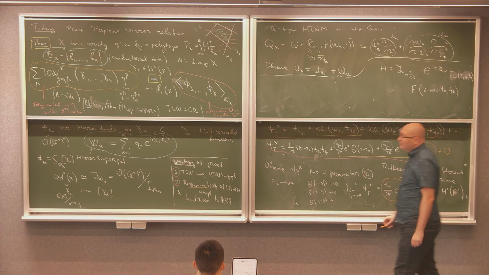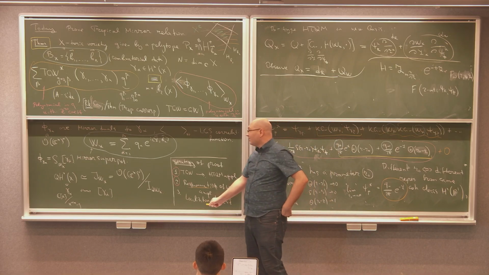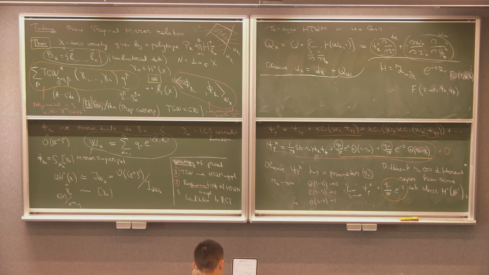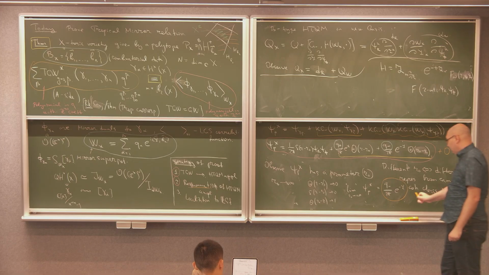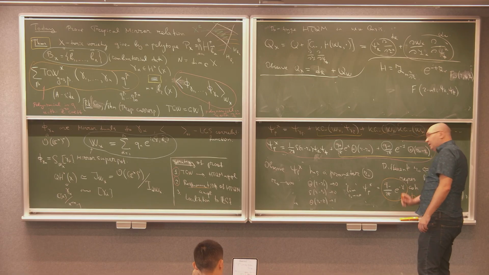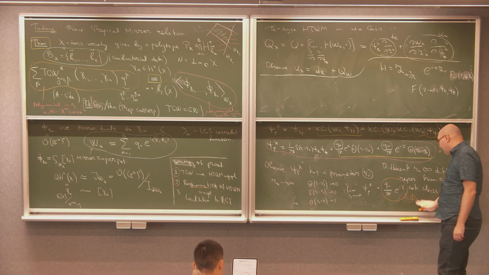And that is what we desire as a result of this localization: to turn these mirror states into some functions of y. And that is what we would like to call phi gamma p.